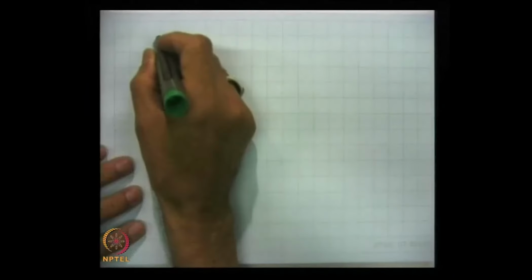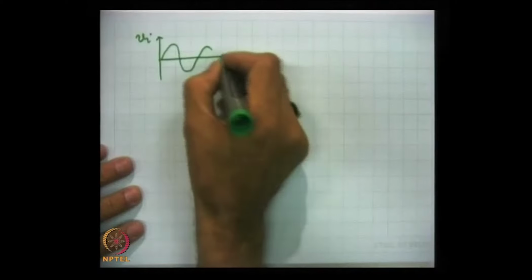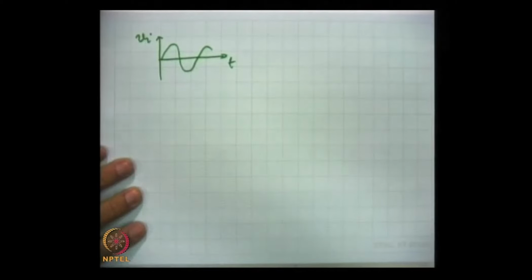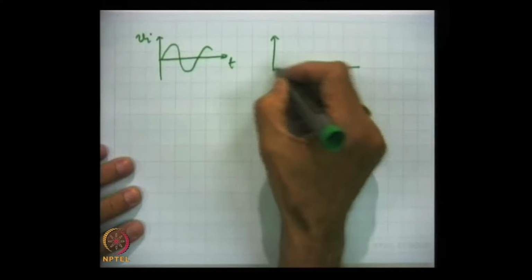In class C operation we get sharp pulses in the collector current, and what is the purpose these pulses will serve? Because for a sinusoidal input of this kind, this is Vi, a function of time, we are getting sharp pulses like that.